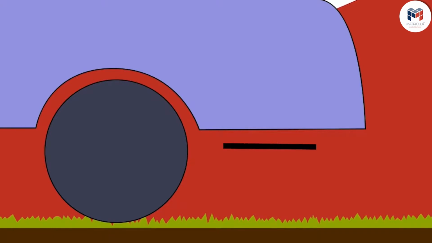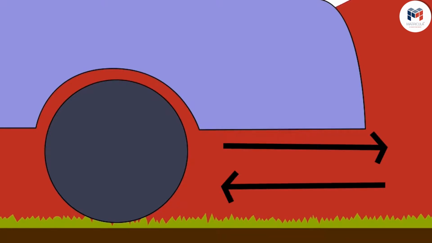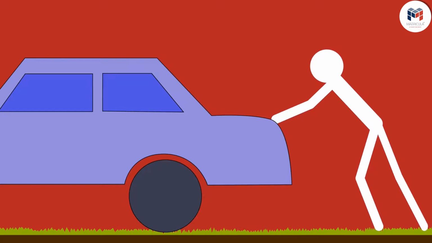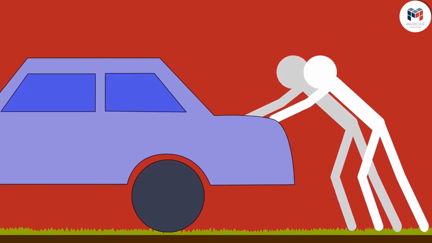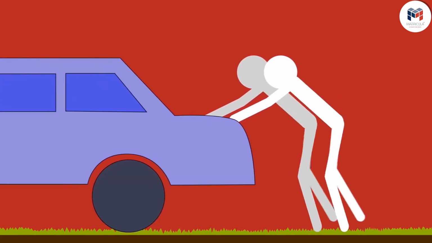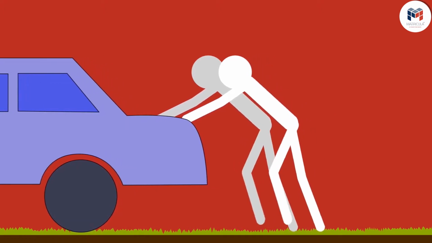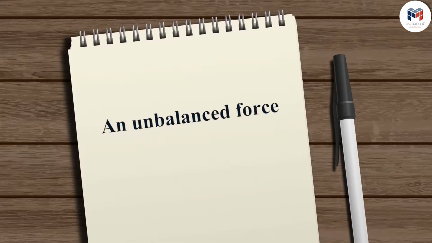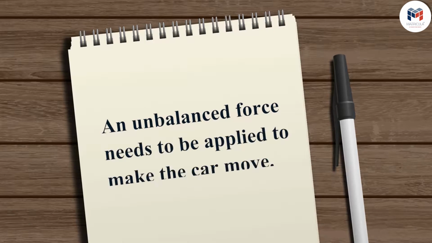Here, the force of friction balances the pushing force and hence the car does not move. To move the car, we need to apply a force greater than the force of friction. That is, an unbalanced force needs to be applied to make the car move.